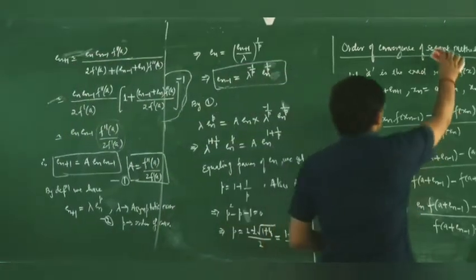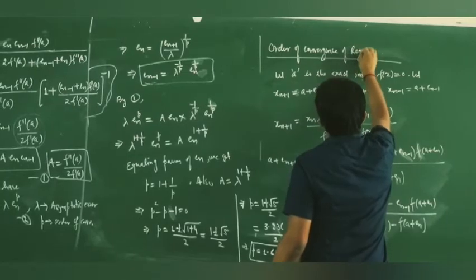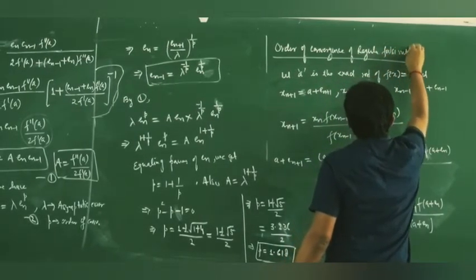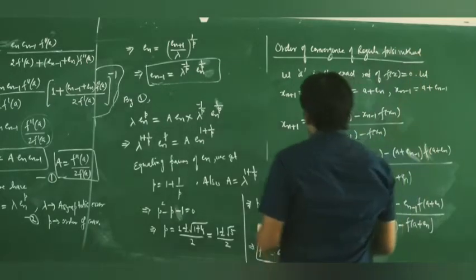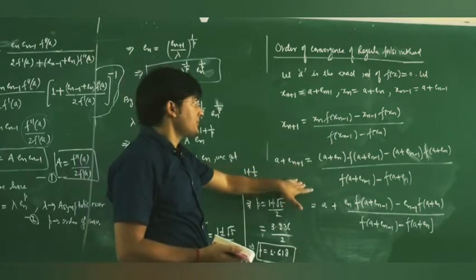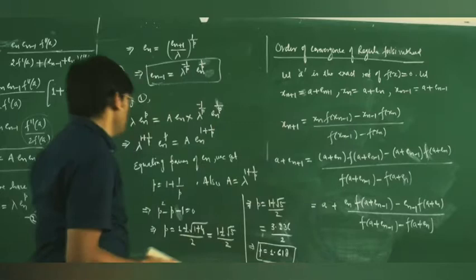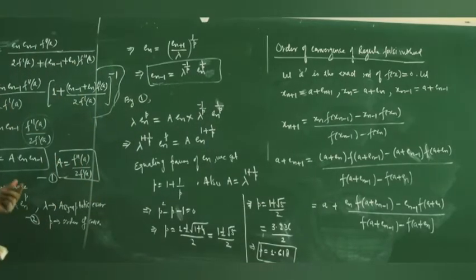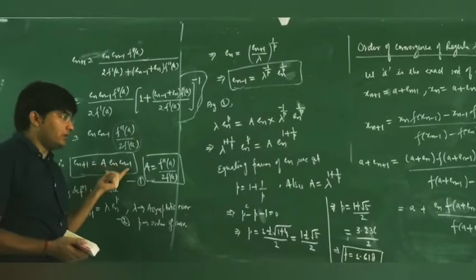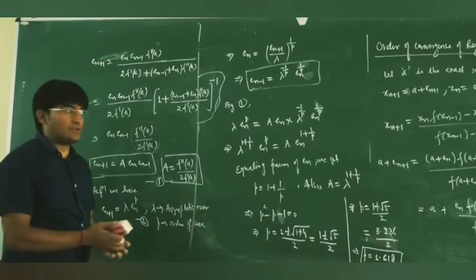So let us discuss the order of convergence of Regula Falsi method. Again, we have a common term, similar steps. Adopting these similar steps for this Regula Falsi method, we will get this equation number 1. Now, with the help of this equation number 1, we can guess the order of convergence of this Regula Falsi method.